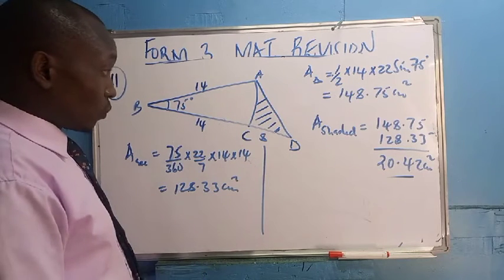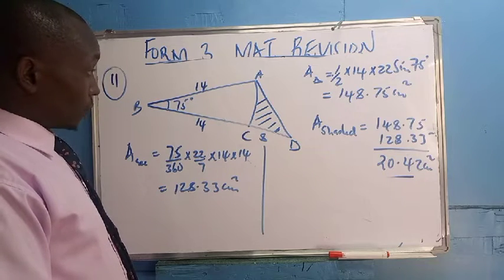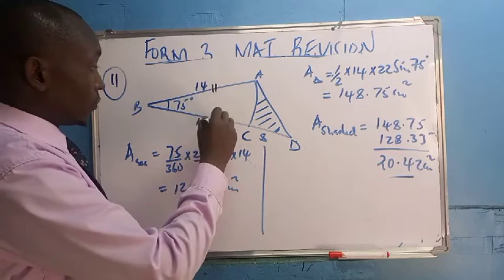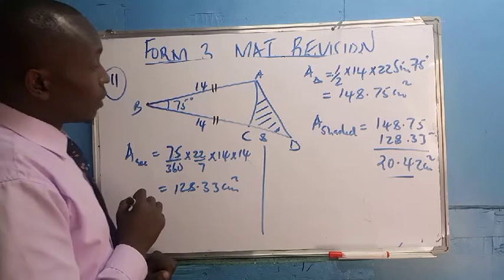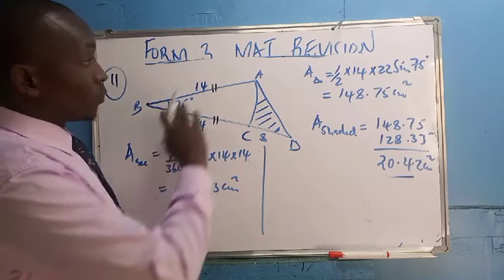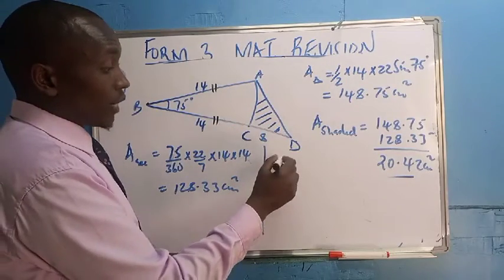It is expected to work out the area of the shaded region. Now, you're given that this one and this one form the radius of a circle. So this is the center. Therefore, we can start working out the area of a triangle. The area of a triangle, we're going to use the sine formula.